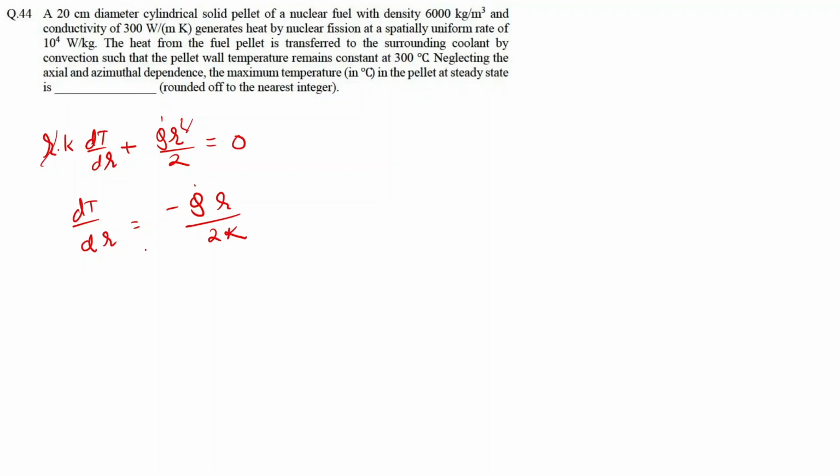We can again integrate this equation with respect to r to find the temperature variation across the radius. That will give us T is equal to minus Q dot r square upon 4k plus C2.